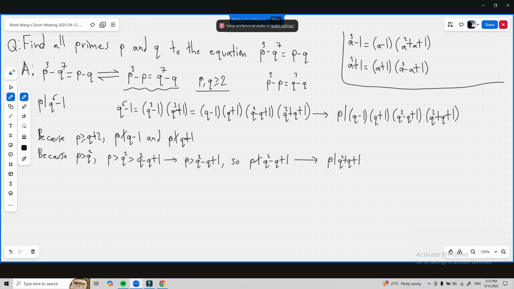Now, here's the thing. P divides Q squared plus Q plus 1, so the maximum value of P is Q squared plus Q plus 1.